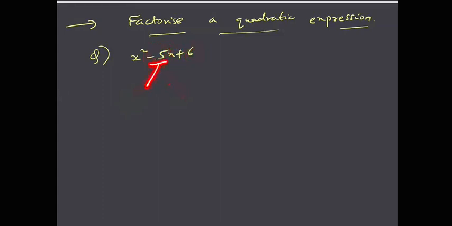So if you think, then those two numbers are minus 2 and minus 3, right? Minus 2 and minus 3, if you add, you will get minus 5. And if you multiply minus 2 and minus 3, you will get 6.